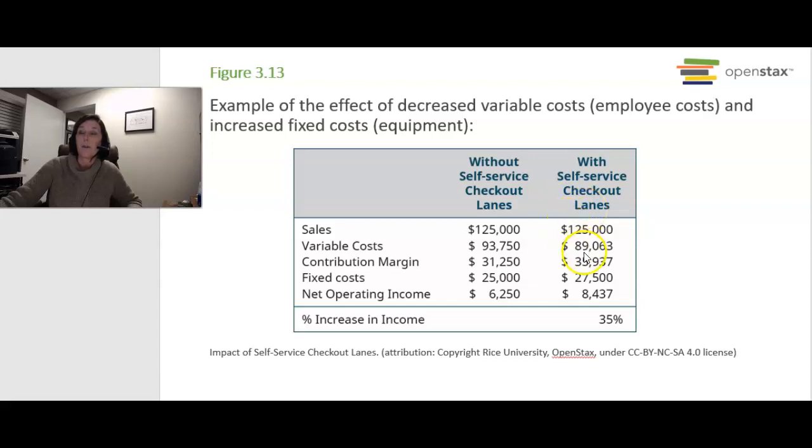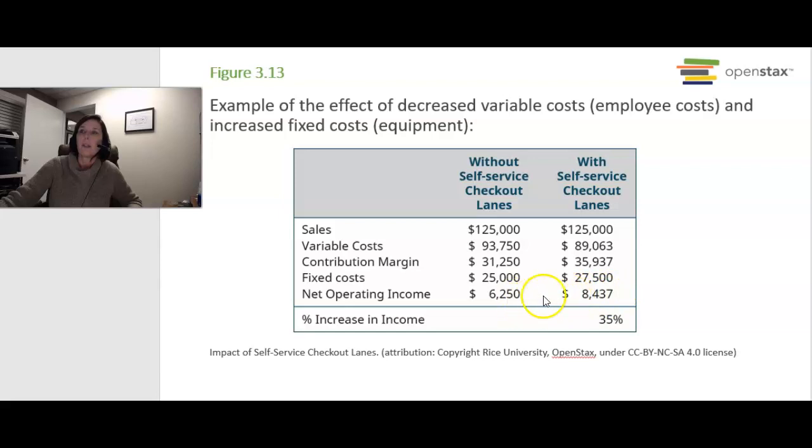Variable costs, however, are going to be lower with the self-service because they obviously have fewer employees that they need to have, giving them a greater contribution margin. On the other hand, their fixed costs are a little higher because they've got this machinery.